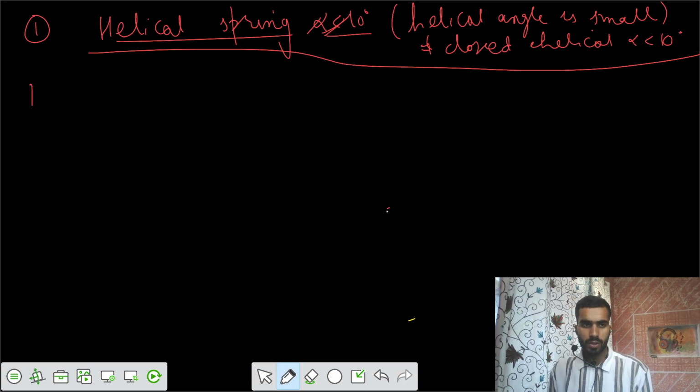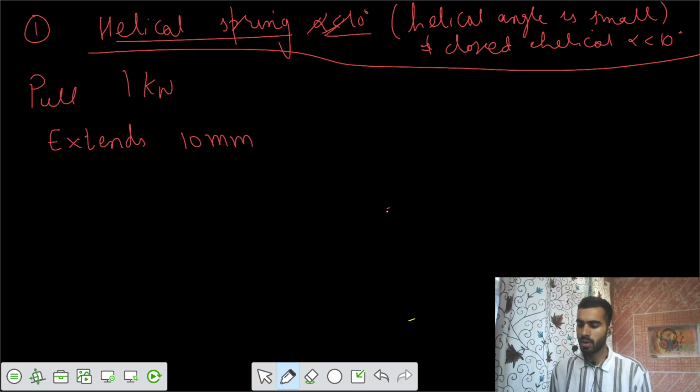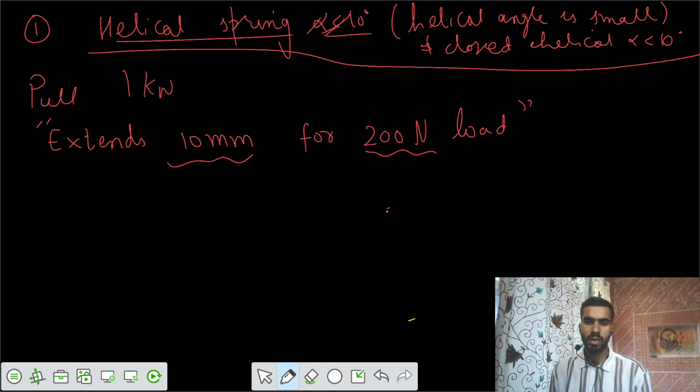Now it is subjected to a pull of 1 kilonewton, and it says it extends 10 millimeter for the load of 200 Newton. So we can get something from this statement.